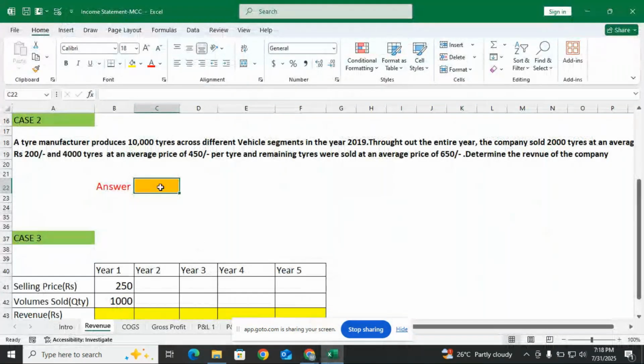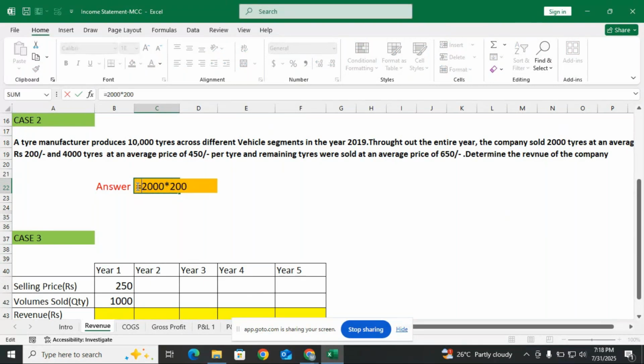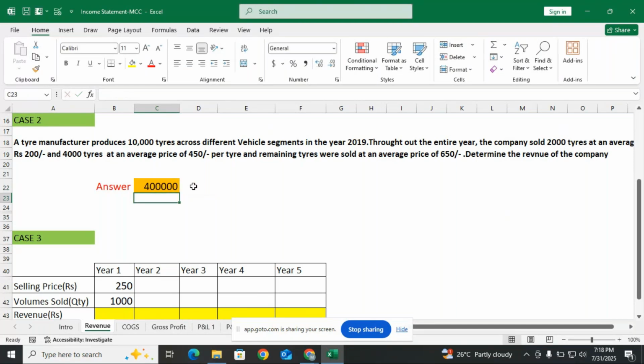See, out of 10,000, 2,000 tires are sold at a price of 200. So which means how much I should be able to get? It was already 4 lakh. Okay. Then again, I'm calculating it separately.